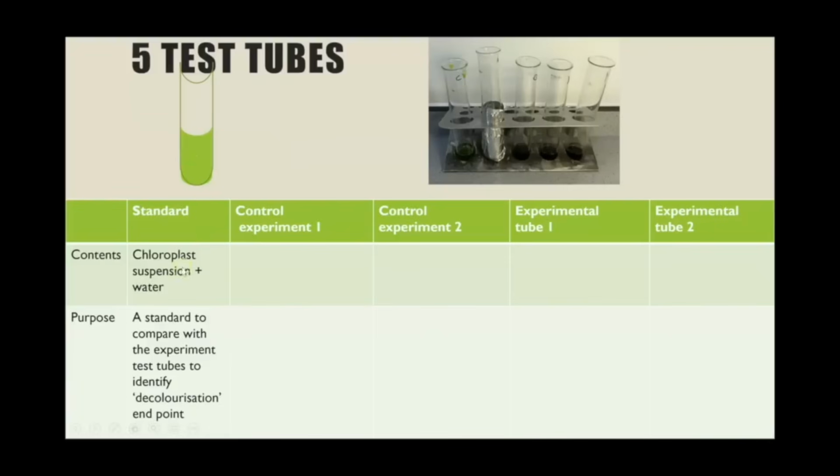So that's the purpose of this first test tube C. This is to show me what colour just the chloroplasts are. And when these 2 experimental tubes reach that same colour, that is when I'm going to say I'm at the end point. DCPIP has been completely decolorized. So that is my standard for comparison to try and help with the fact that it is a subjective endpoint.